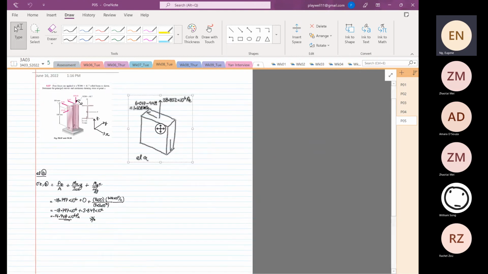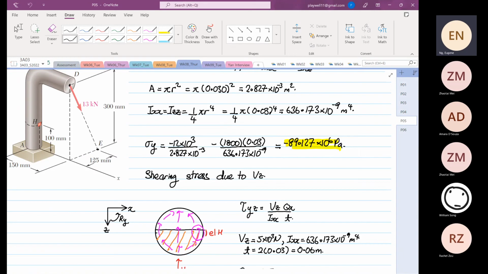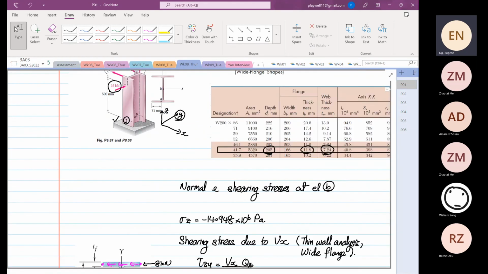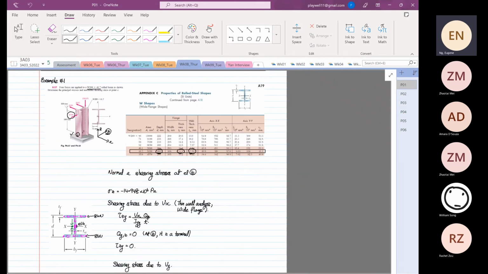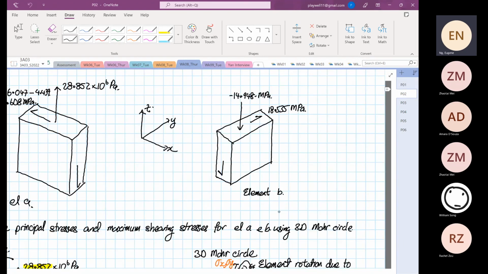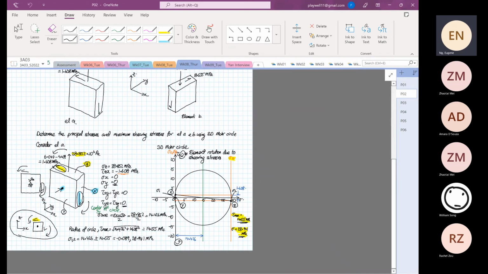Remember, we went through this long example where we construct the element, and then we also constructed the Mohr Circle. This is week 8 Thursday. I think we did construct Mohr Circle already. Now I'm going to go into detail on constructing the Mohr Circle.